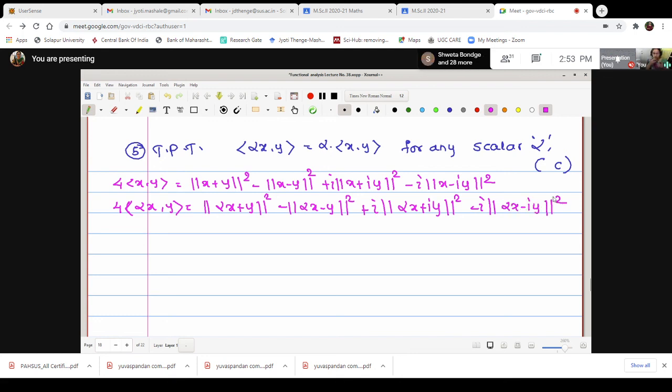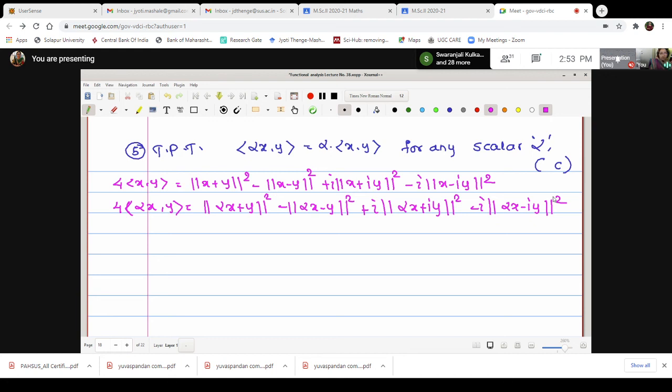If we just look at the right part of this identity, we cannot take alpha common anyhow. But in the proof, our aim is to take alpha out of the inner product. Therefore, using the definition as it is will not work for the proof of this last part of the result.